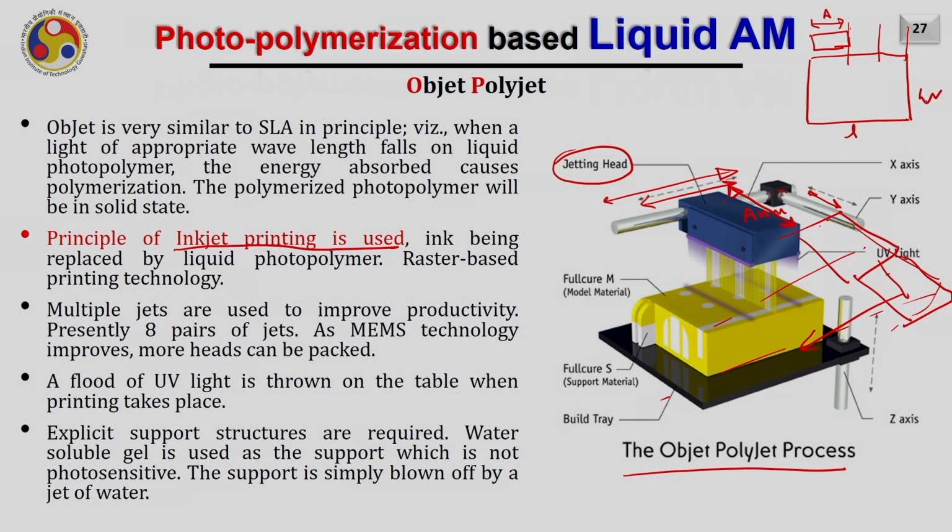How many positions will be required can be found easily by dividing L by A. Whatever integer comes in this case will be the number of indexes required for the head. It will move back and forth in this direction and then again come to the next position, and in that case also it will move back and forth like this and keep moving forward as well.